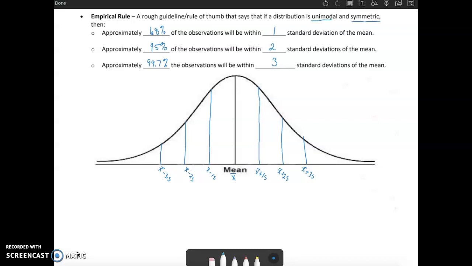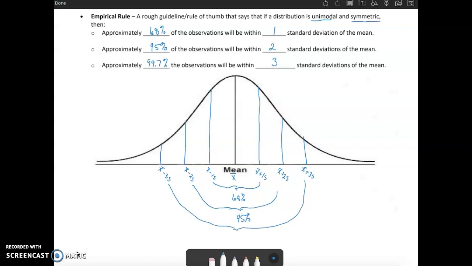So again, what this rule says, the empirical rule, also sometimes called the 68, 95, 99 rule, is that between these first two values, between whatever value this happens to be and whatever value this happens to be, 68% of the data falls between there. Between two standard deviations from the mean in either direction is where 95% of the data falls.